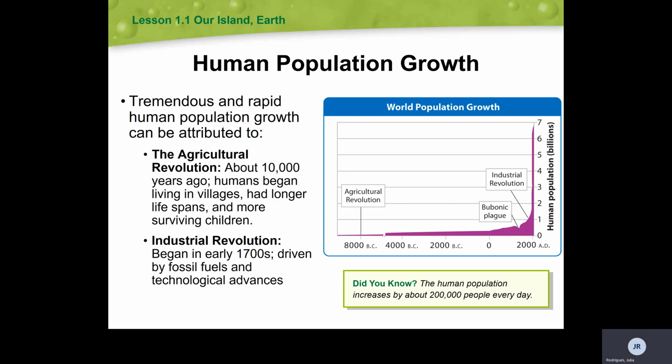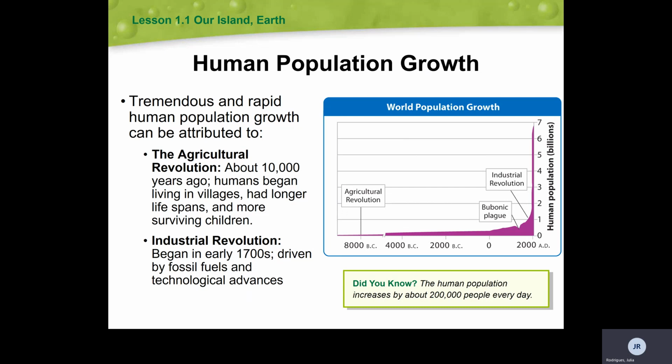Human population growth. I'm sure you've heard a lot about how human population growth has grown exponentially throughout time. Some of the things that happened with that is the agricultural revolution. People were really able to make food, and that helped survival for a lot longer, which is why that was a really important time in our growth.